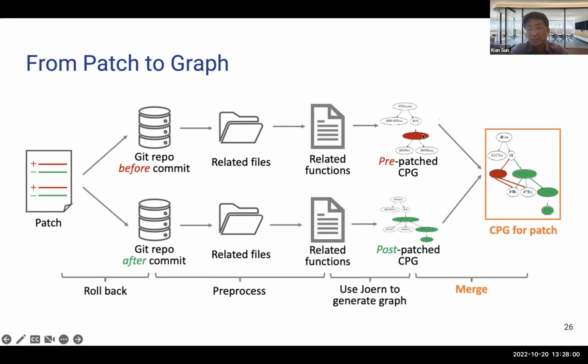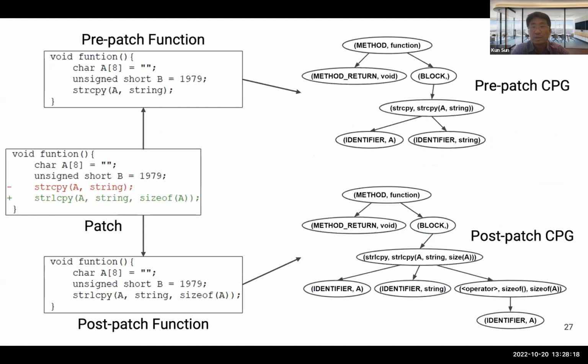You can see here, some code will be deleted, marked as red, and some new nodes will be introduced, marked as green. But we will merge all those changes in one graph. So we can see one example.